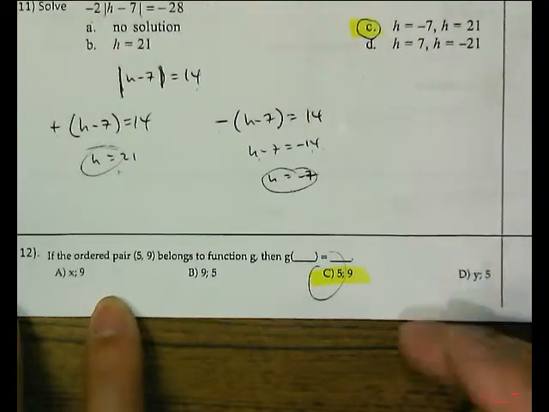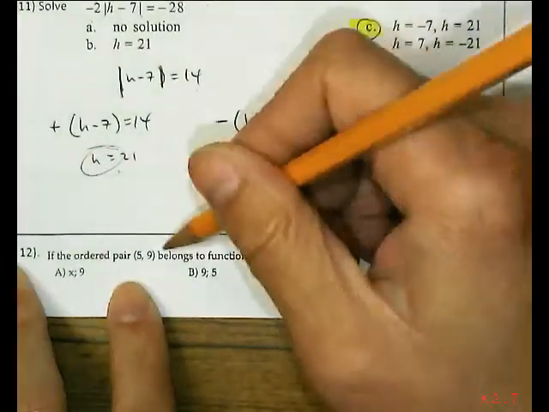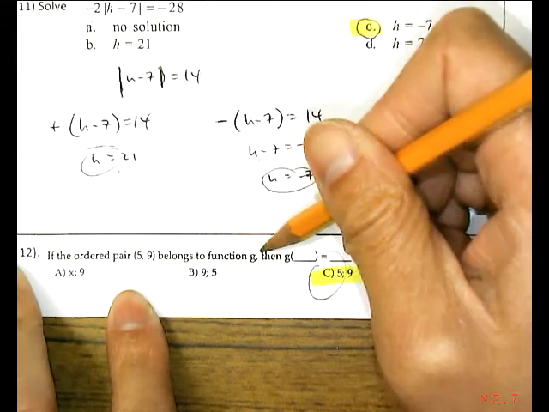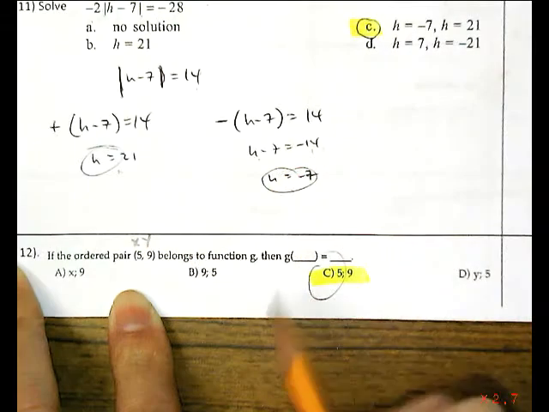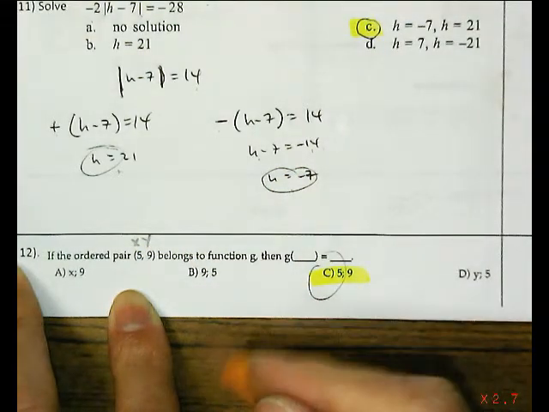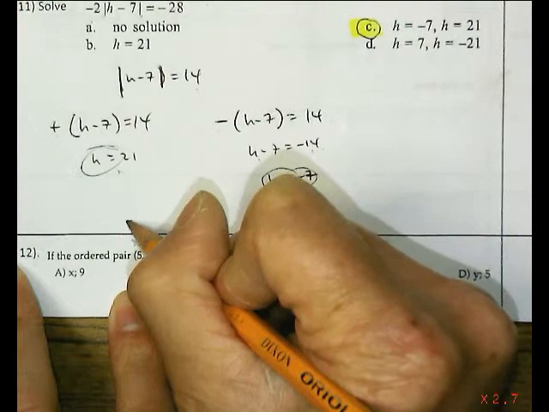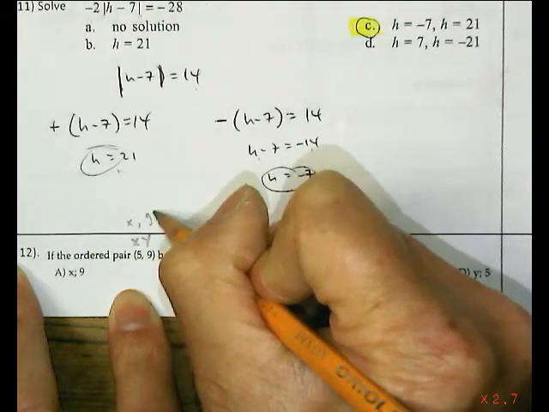Question number 12, if the ordered pair 5, 9 belongs to a function g, then g of blank equals blank. Well, remember, this is just a coordinate x, y, and a fancy way of saying y, in this case we'll call it g of x, comma g of x.